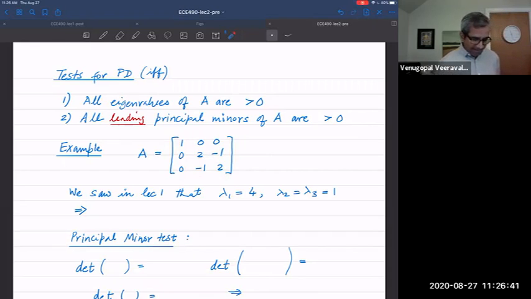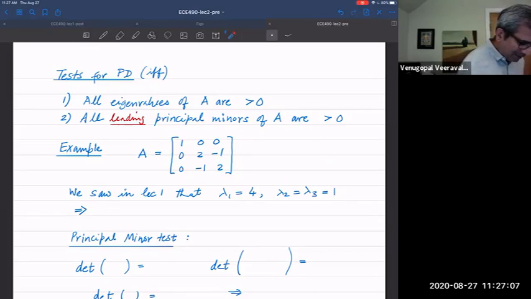All right. So now let's see whether we can apply these tests to figure out whether this is positive definite or not. Well, we actually found the eigenvalues of this in the last lecture. You might remember that it was lambda 1 equal to 3 and lambda 2 equal to lambda 3 equal to 1.